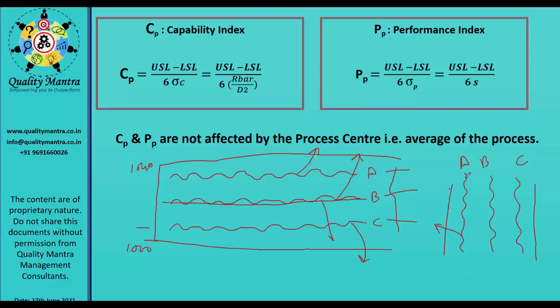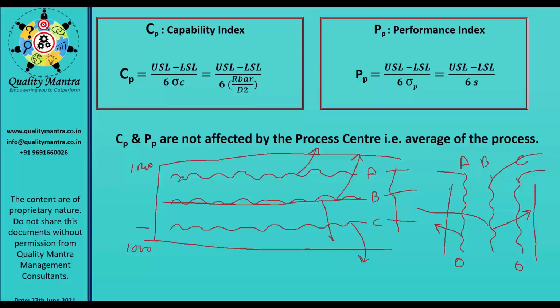A little bit more variation and he will be out on this side. But for this process to go outside, it requires too much variation. Then only it will go out. Whereas the processes running nearer to the specification limits have maximum chances of going out.